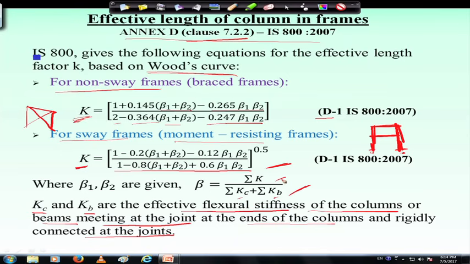So, this is how we find the relative effective stiffness of the beam and column connecting at that point. Then we find beta 1 and beta 2, and once we find them, we can find the value of K. This is how the effective length of a column in a frame, whether sway or non-sway, can be found.